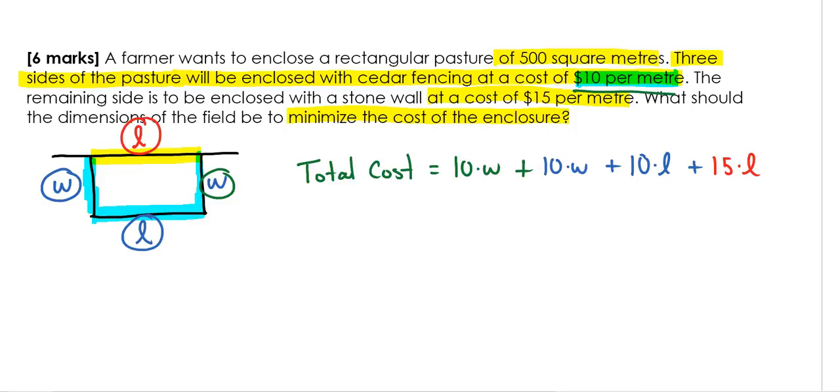Okay, so let's just simplify this. Total cost, I'll just use the letter C now. So C is going to be 20W plus 25 times L.